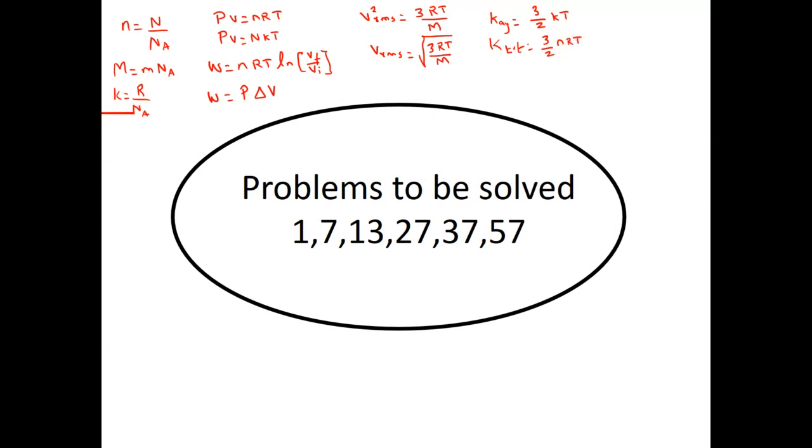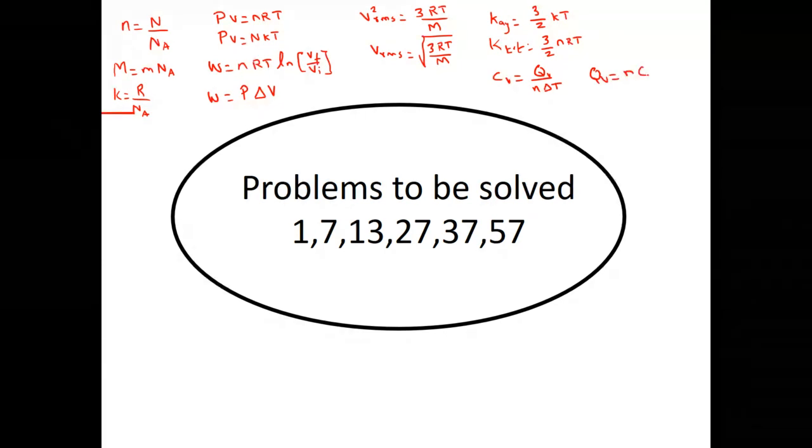And then, molar specific heat at constant volume. What is molar specific heat at constant volume? Cv equals Q divided by n delta T, or Qv equals n Cv delta T. Am I right?